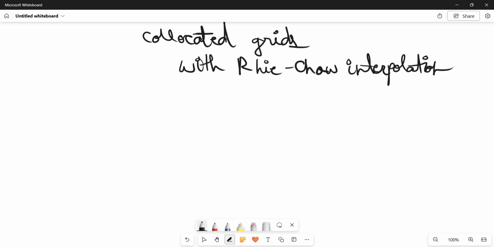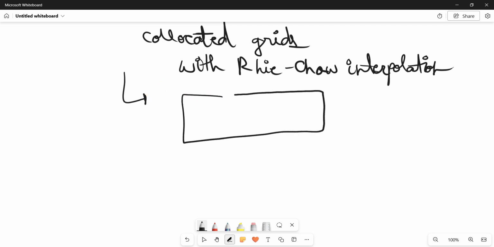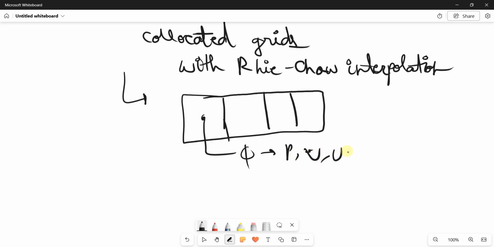It's just a very logical solution for the normal collocated grids that we had. So what are collocated grids? Collocated is technically just the normal grid that we were talking about, where everything is stored at the cell center. So you have phi, which can be P, V, U, W, rho, everything stored within the cell center itself.